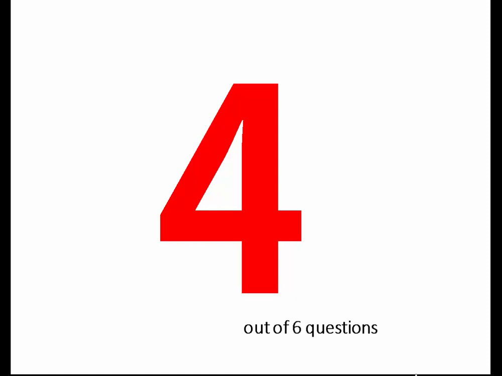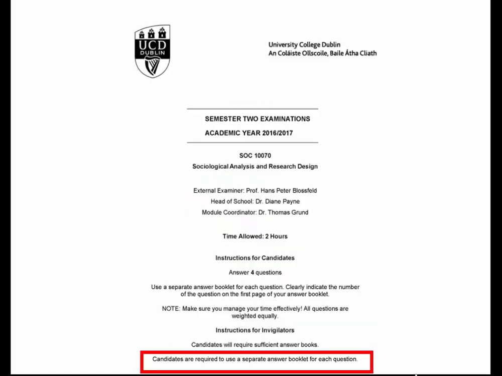Okay, so 4 out of 6 questions, this is sort of what you have to answer. You have to answer each question on a separate answer booklet. Now you're familiar with these kind of things. Why? Well, because we're splitting these things up, right? So if you don't do that, that makes our life incredibly difficult. Yeah? So one answer for one answer booklet. But on each and every single one, write your name, your number, and so on.